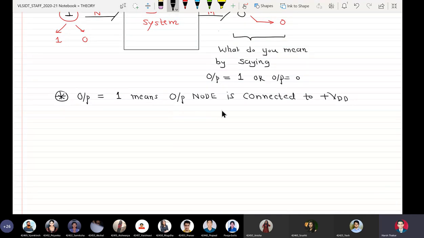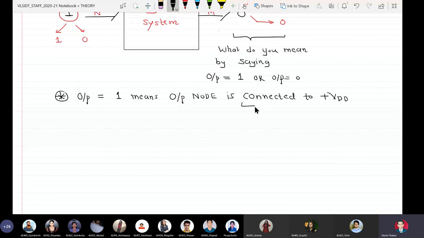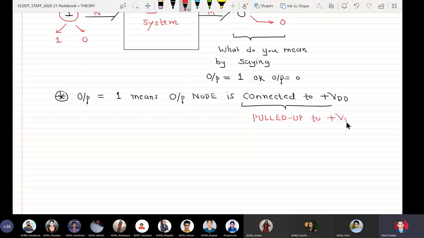A better way of telling it is that it is pulled up to plus VDD.